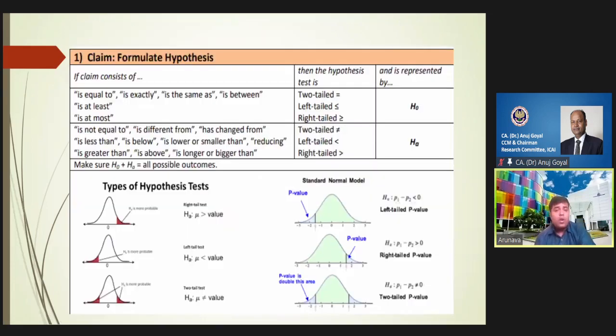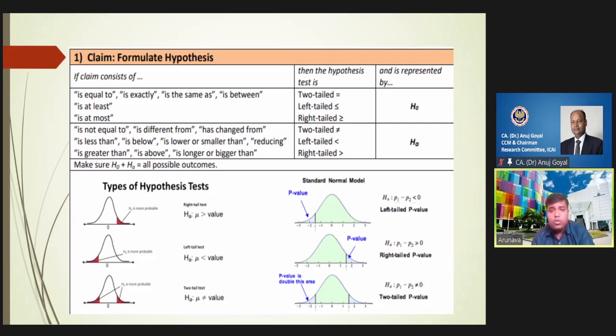So many of you have done basic statistics already, so I will not go into the details, but just putting up these points, I will show how this statistics has to be formulated mathematically to support the data analysis, right? So if your written hypothesis consists of is equal to, is exactly, is the same as, or is between something, or is at least, or is at most, right?